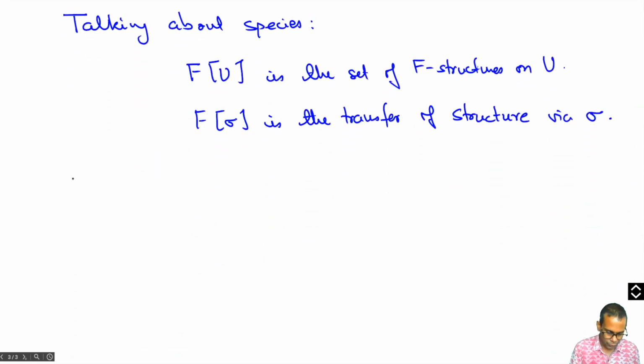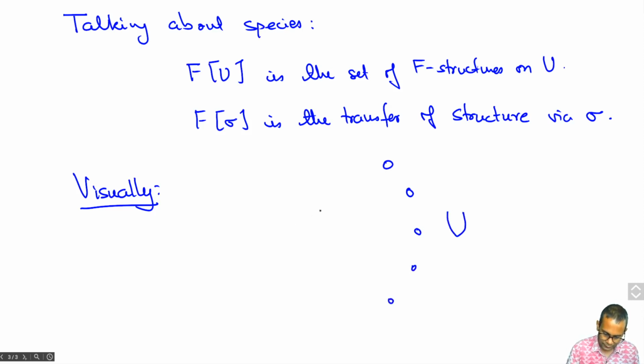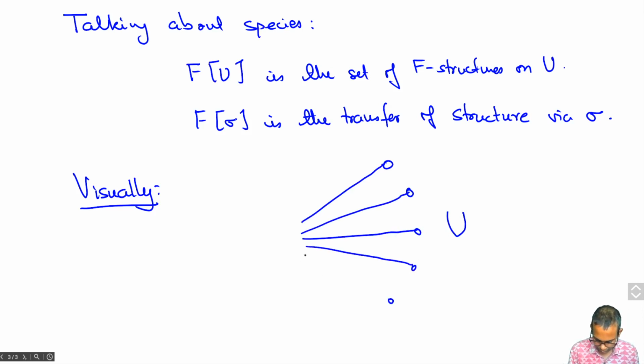Okay, and visually we write it like this. We draw the elements of U as a set, and we depict the putting of an F structure on U with this. So this depicts putting an F structure on the set U.